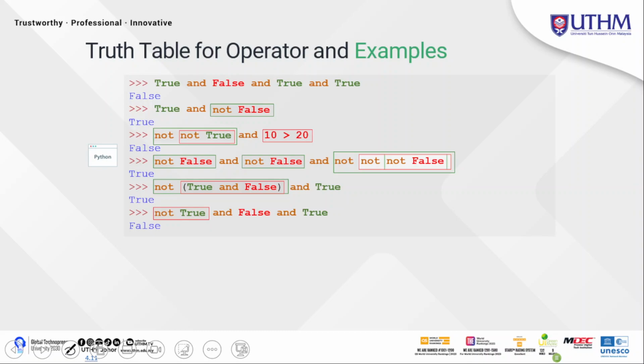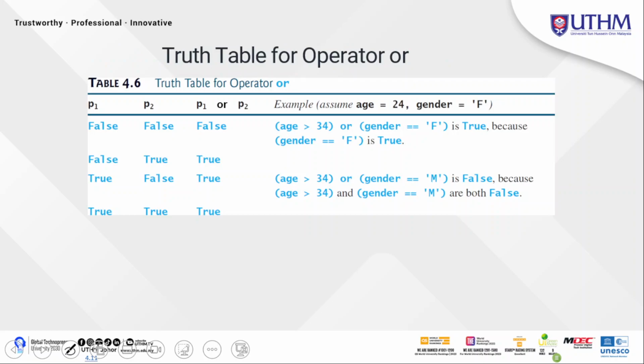Not true is false, not false is true, and true and 10 is greater than 20, which is false, so the answer is false. For the fourth one, the answer is true. You can go through these yourselves. This example is quite basic, so I don't want to go through them one by one.